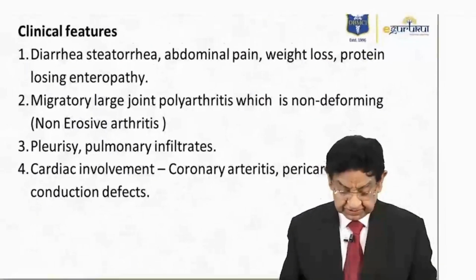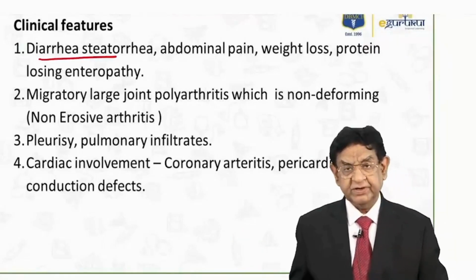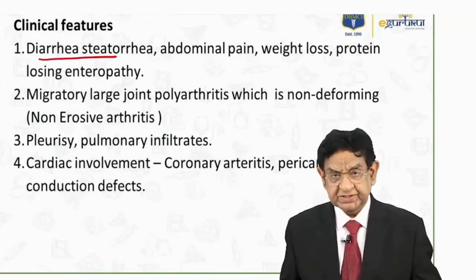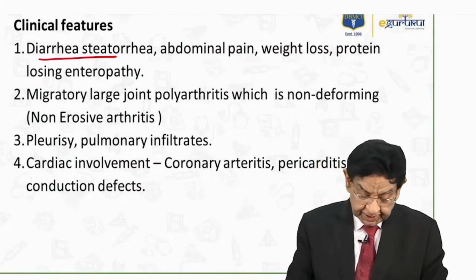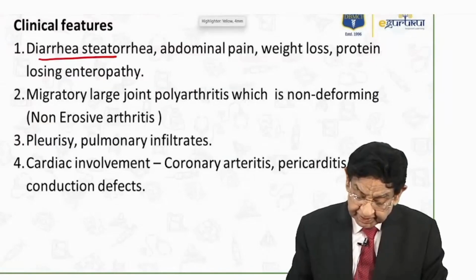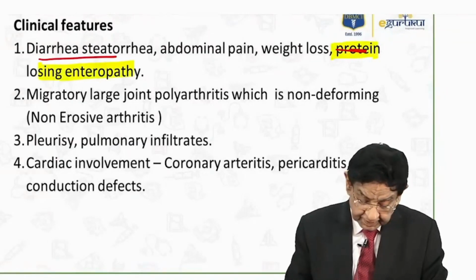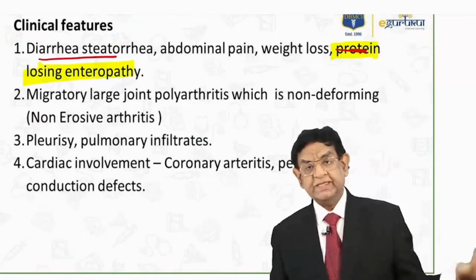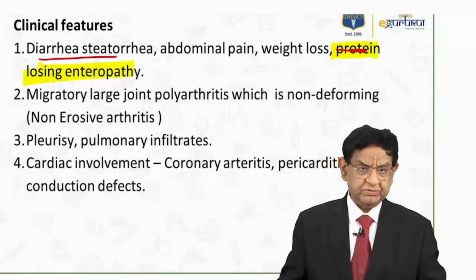Clinical features: diarrhea, steatorrhea, etc. All the GIT features, but there is something more: protein losing enteropathy. So, other than the diarrhea and steatorrhea, the usual features, we are getting protein loss.